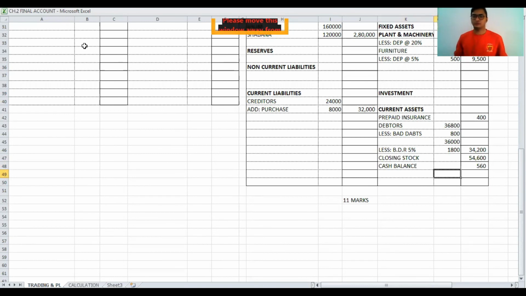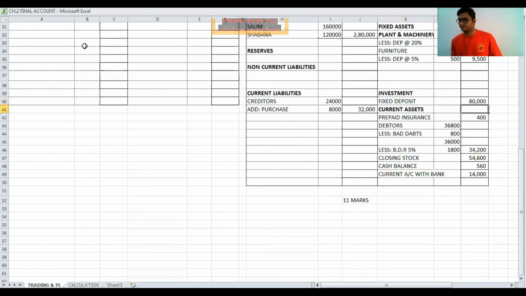Current account with bank amounting to 14,000. Then after, fixed deposit of SBI, that is our investment. So in investment side, we have to write fixed deposit with SBI amounting to 80,000.